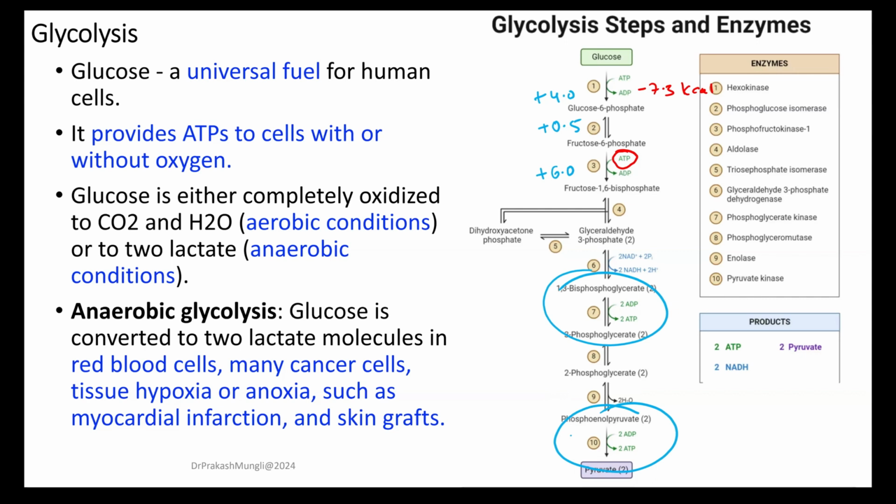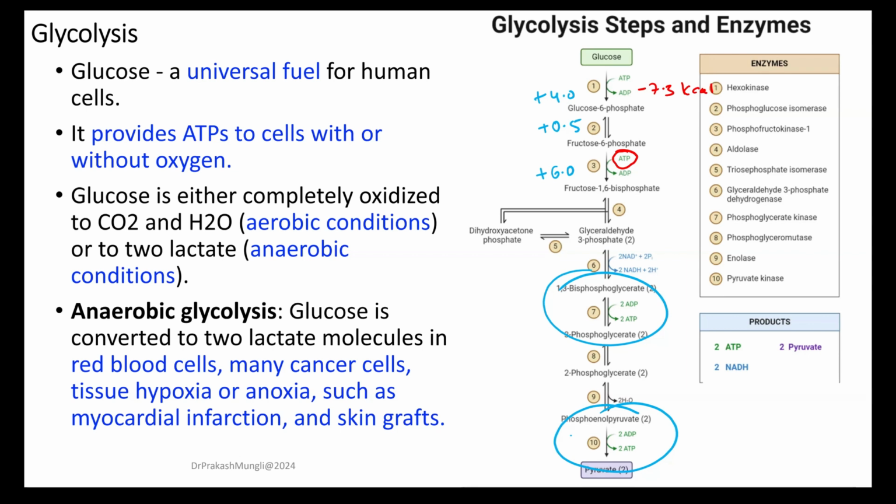So this is what the cell will do. The cell knows down the line, I'm going to gain. That's why it is investing. This is an investment. The cell is investing 2 ATPs initially, knowing that later I'm going to gain. It's like our general investments. Why do you invest?